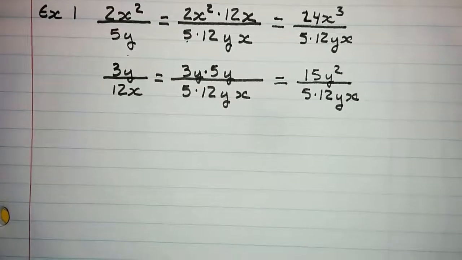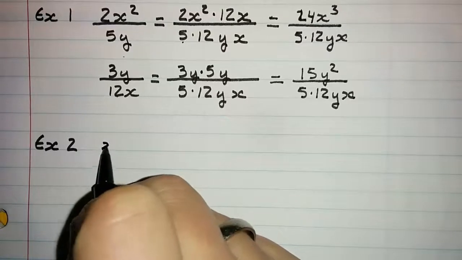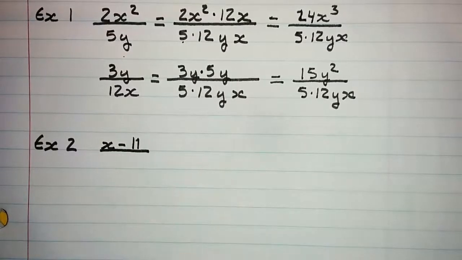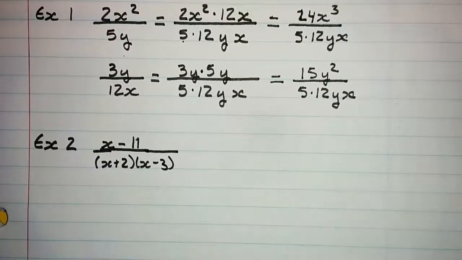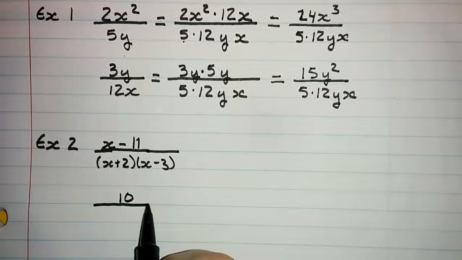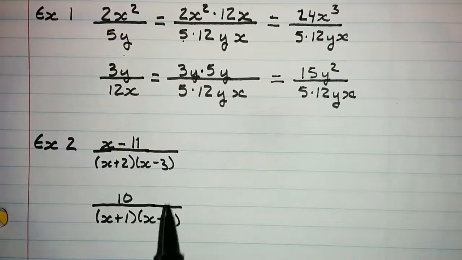In example 2, we started out with the rational expressions x minus 11 over, and here I'm going to write the factored form, which we found in the last video, of our denominator, and 10 over x plus 1 times x minus 3.